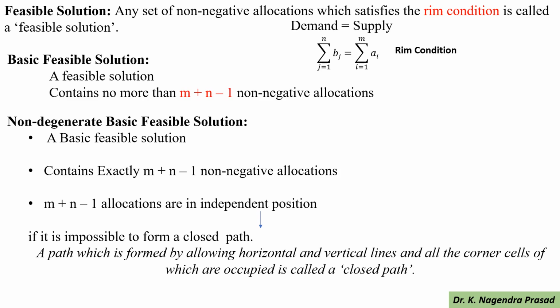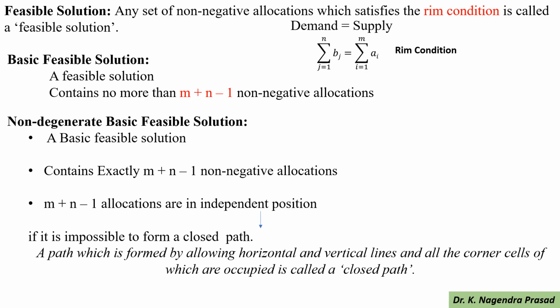Next one is the non-degenerate basic feasible solution. A non-degenerate basic feasible solution is a basic feasible solution that contains exactly m plus n minus 1 allocations. Moreover, these m plus n minus 1 allocations are in independent positions. What do we mean by independent position?